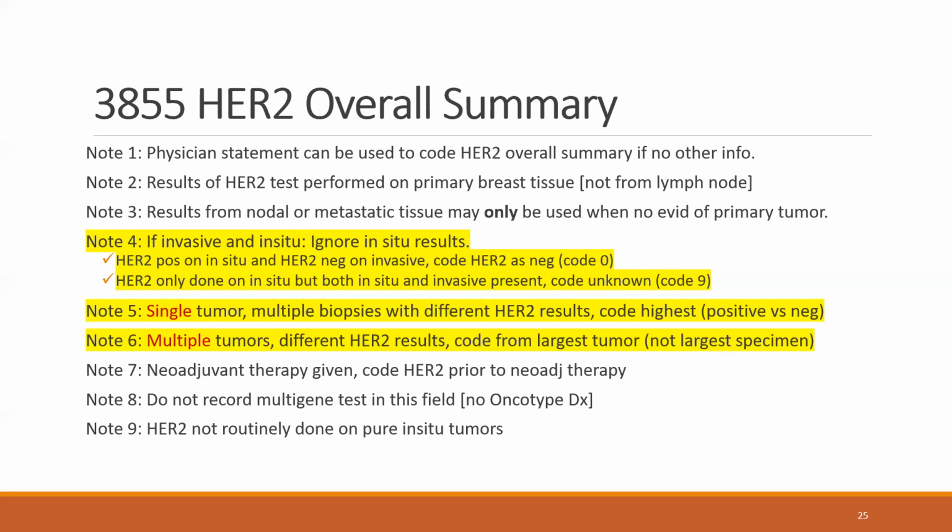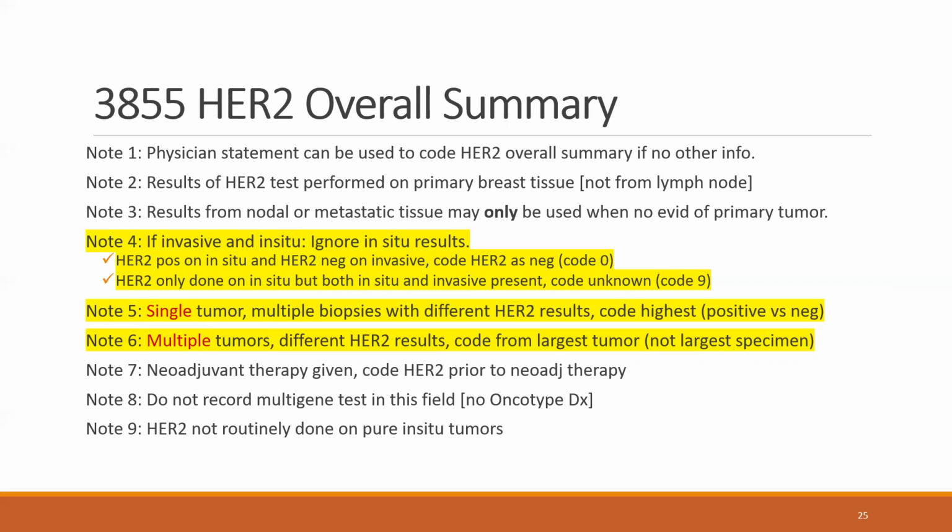If you have HER2 only done on in situ, but you have both in situ and invasive present, you're going to code unknown or a 9 because you don't know what the HER2 status was on the invasive portion.